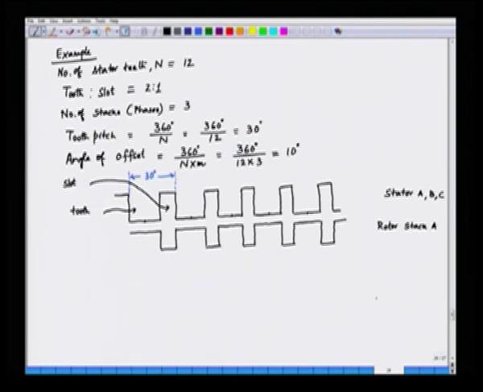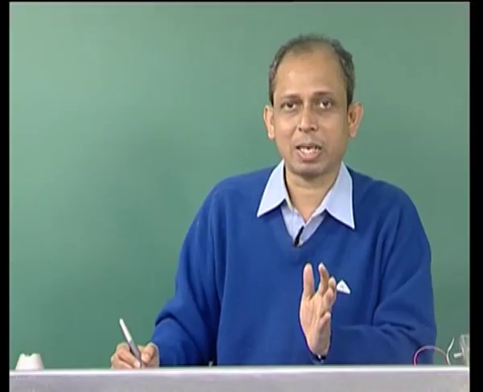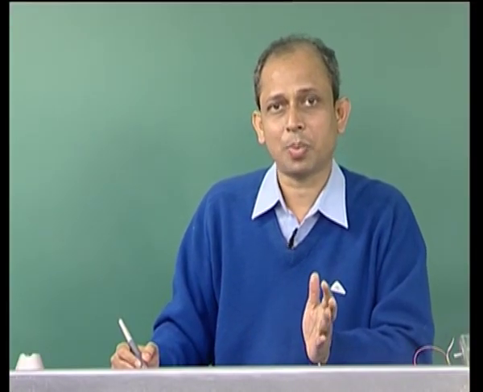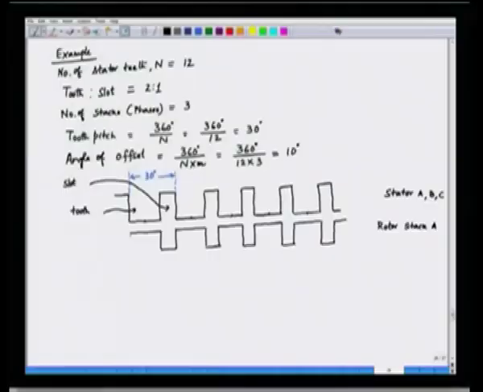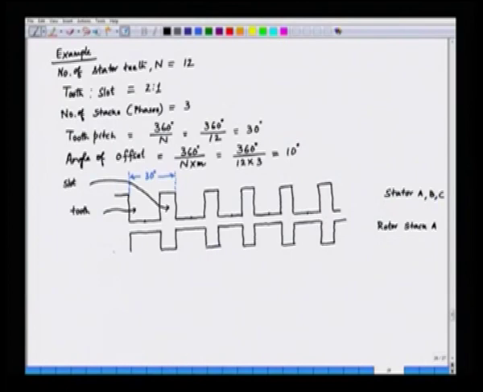Now, what about the rotor stack B? Rotor stack B is offset from the previous stack by an angle equal to the offset angle, and the offset angle here is 10 degrees. So if this is the teeth of the stator and rotor stack A, this angle is 10 degrees here.